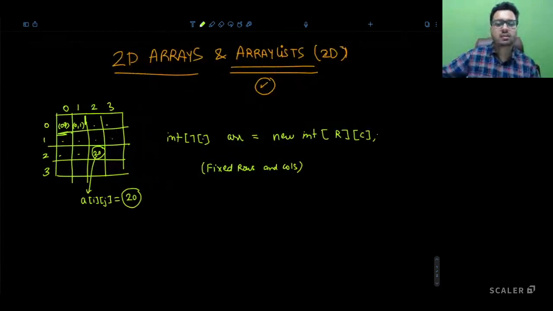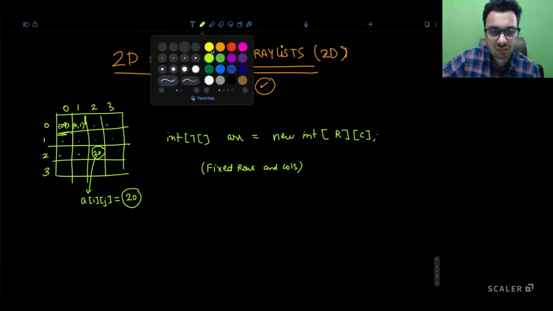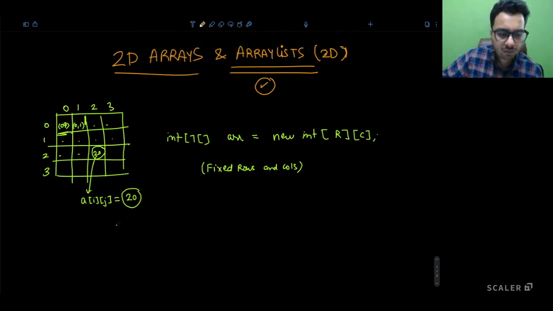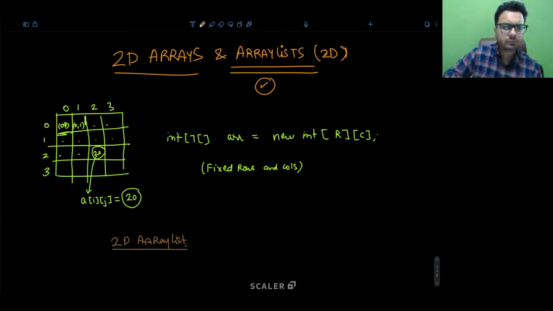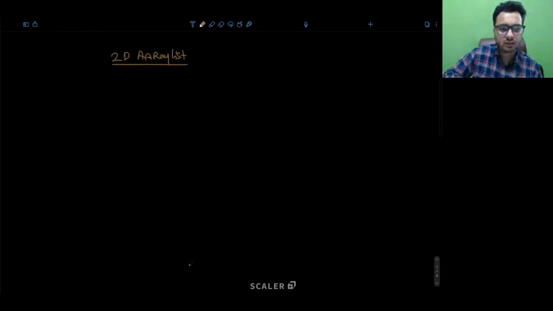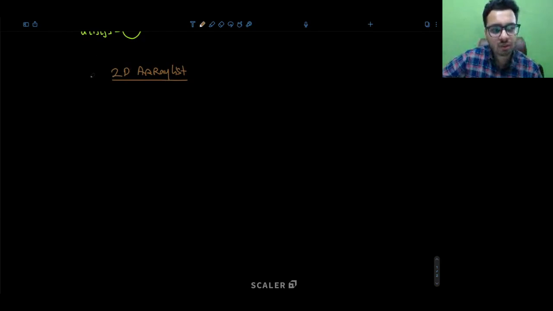So can you guess what a 2D array list would be? What would be a 2D array list if we know we have a 2D array? First of all, tell me, do you remember what an array list is?